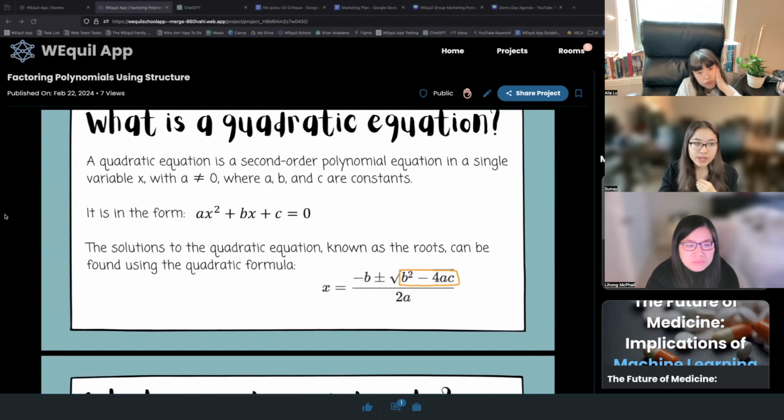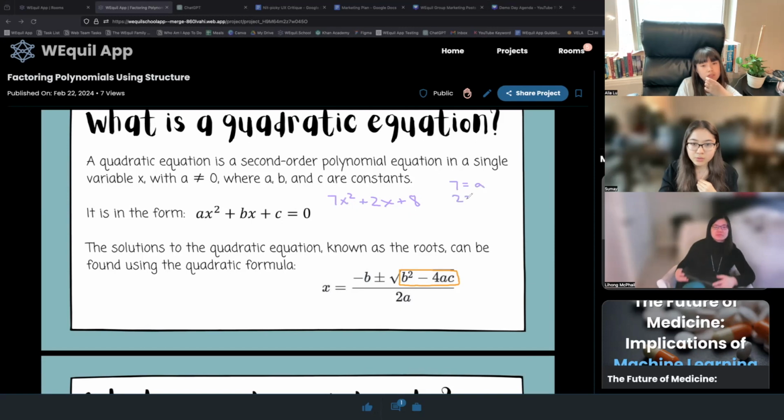So for example, if we have a quadratic equation of 7x squared plus 2x plus 8, 7 equals A, 2 equals B, and 8 equals C, and we want to find out the discriminant, all we have to do is see B is equal to 2, right? So it would be 2 squared minus 4 times A, which is 7, times C, which is 8.